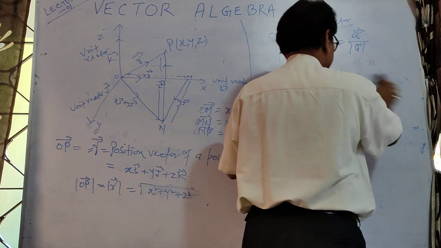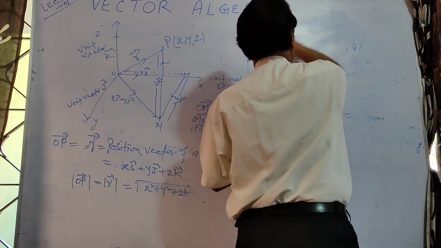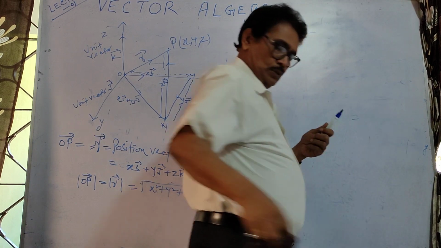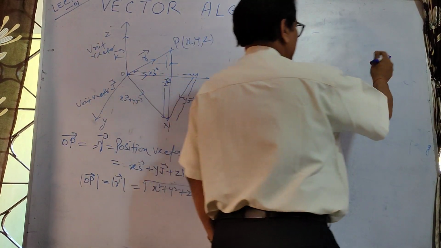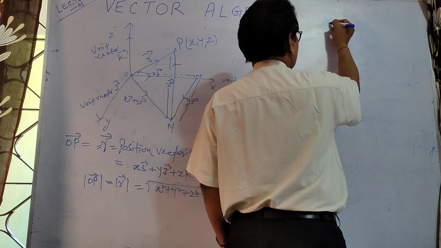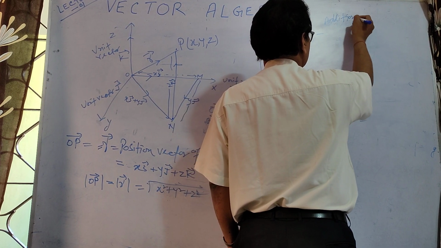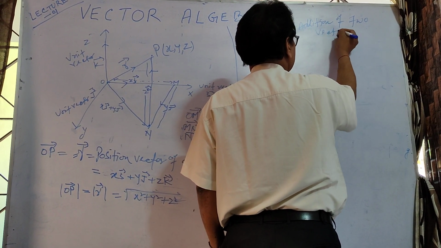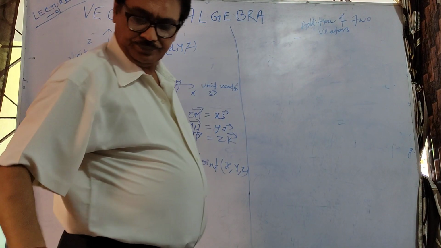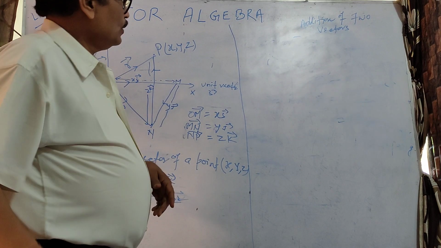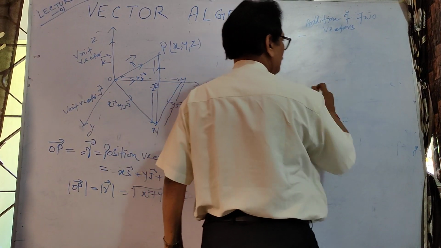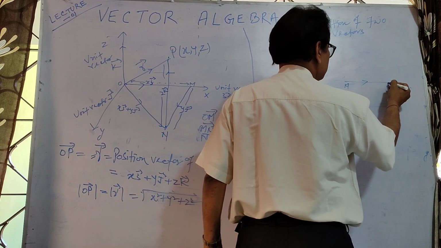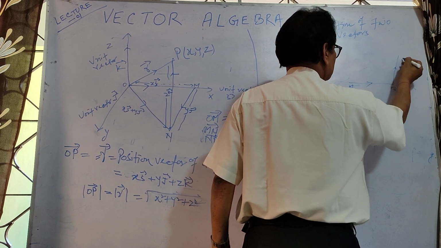For more details, we have already understood addition of two vectors. Suppose this is AB and this is BC.